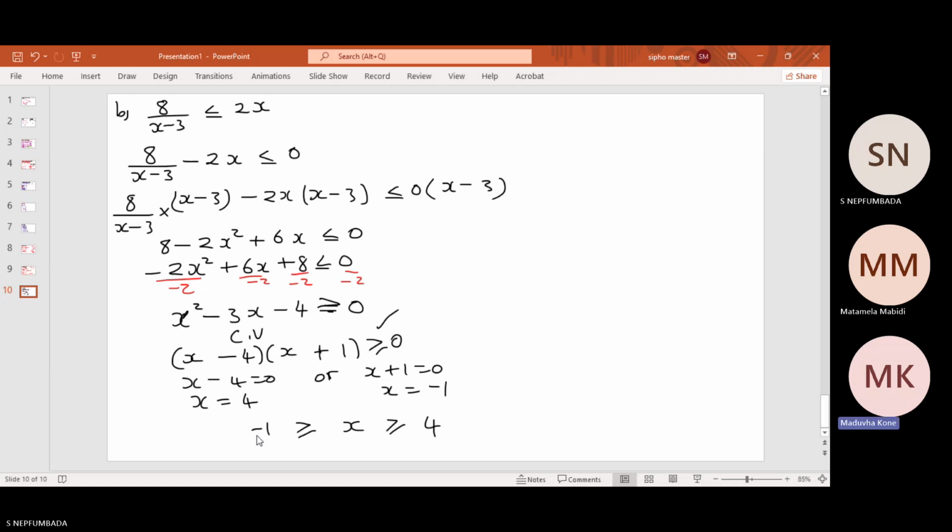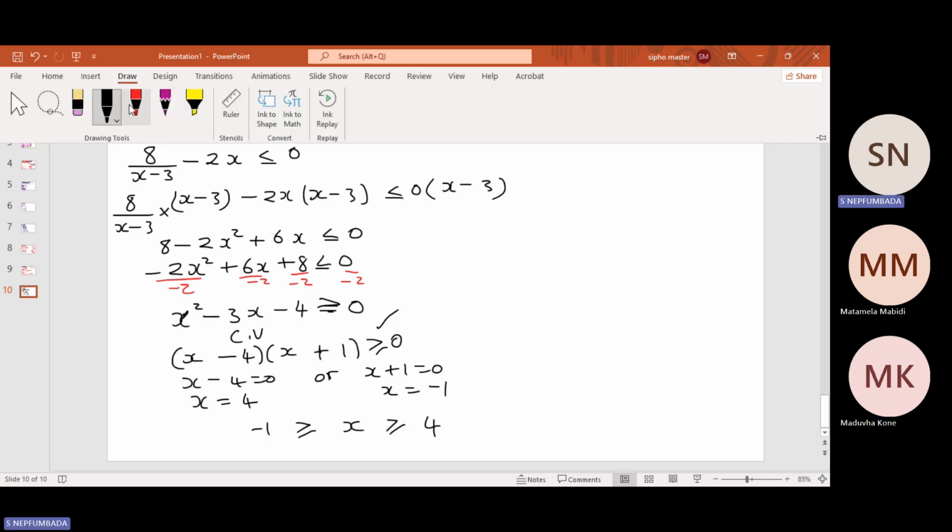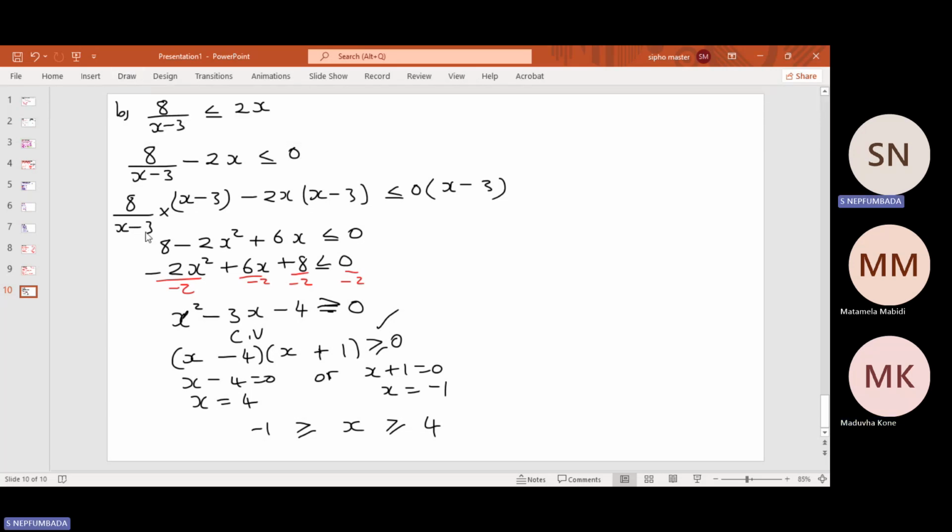Hey, now I'm lost. Where did you get lost? Step number 2. At number 2, we want to eliminate this fraction.